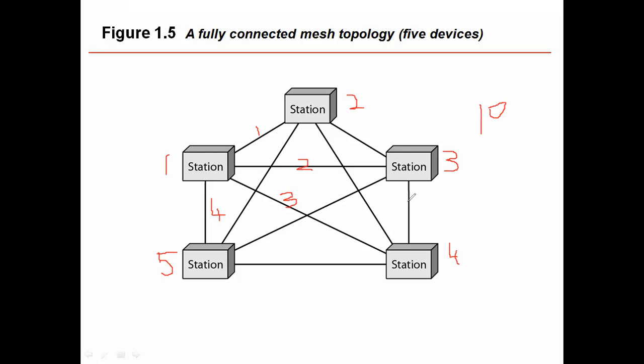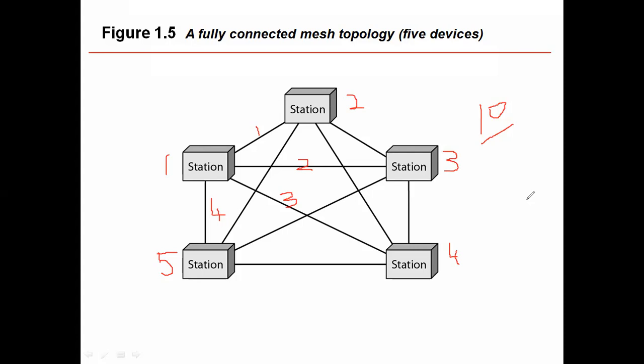If 5 systems are to be connected, then I need 10 links. Similarly, if I want to connect 100 systems, then I need far more links.